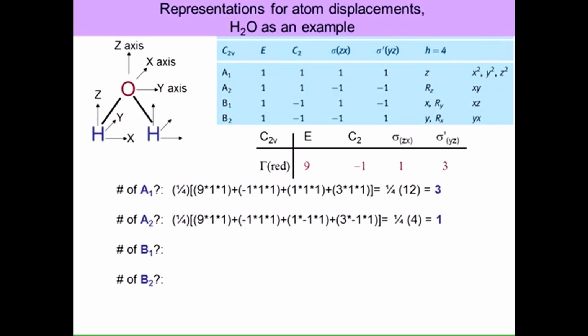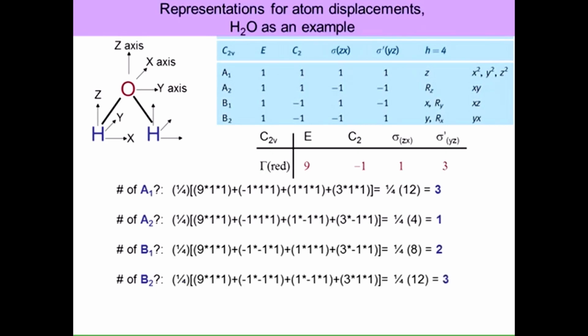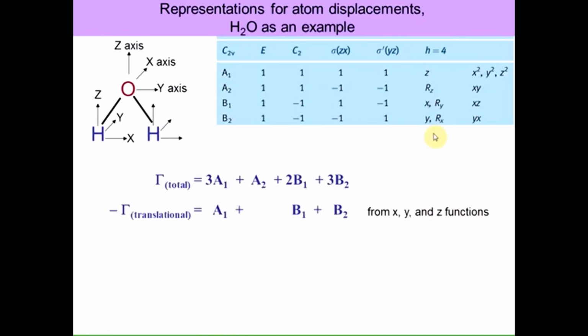So the overall it will be 1. Like this B1, it will be 2 and B2, 3. So what we can write is, the overall total reducible representation will be 3A1 plus A2 plus 2B1 plus 3B2. Is that fine? Now, tau total is 3A1 plus A2 plus 2B1 plus 3B2.